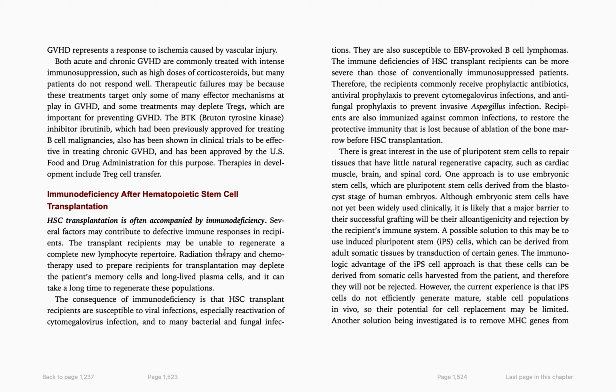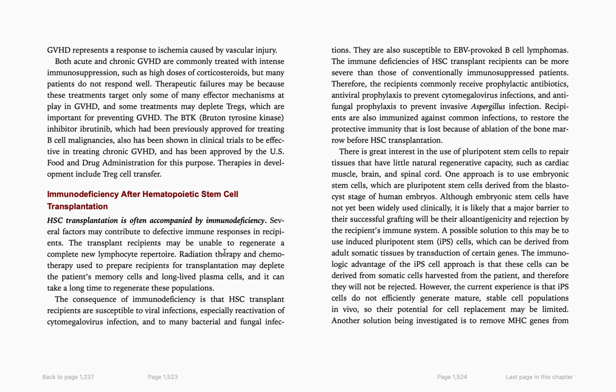The consequence of immunodeficiency is that hematopoietic stem cell transplant recipients are susceptible to viral infections, especially reactivation of cytomegalovirus infection, and to many bacterial and fungal infections. They are also susceptible to Epstein-Barr virus-provoked B lymphomas. The immune deficiency of hematopoietic stem cell transplant recipients can be more severe than that of conventionally immunosuppressed patients.